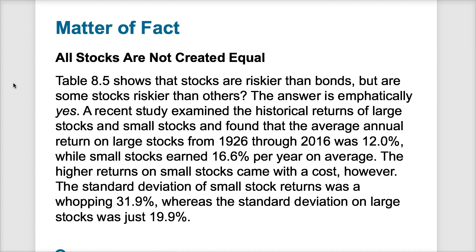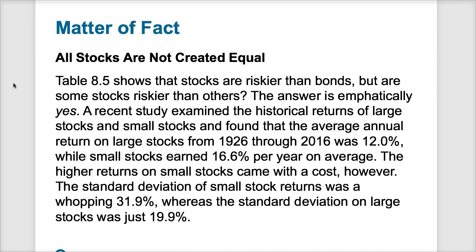We can also compare stocks as one asset class to, say, bonds. So we know that historically stocks are riskier than bonds, but we can use some of these statistical tools to show the standard deviation of those two different asset classes.